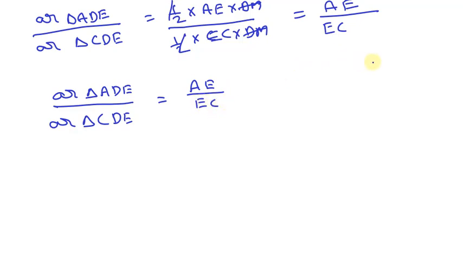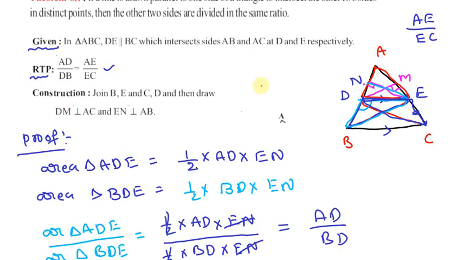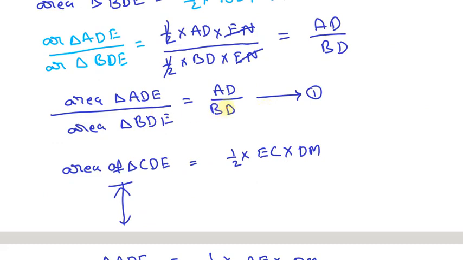Now what we require to prove? It is required to prove that AD by DB is equal to AE by EC. If you consider this as the second equation, in the second equation RHS part and in the first equation RHS part, we need to show the first equation RHS and second equation RHS parts are equal.